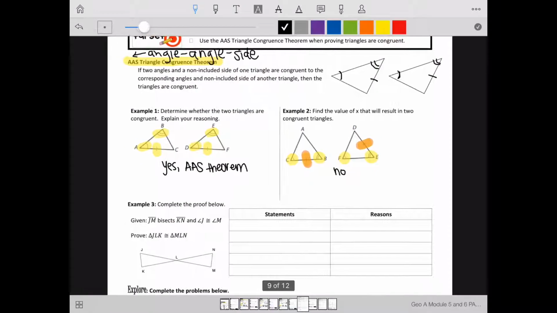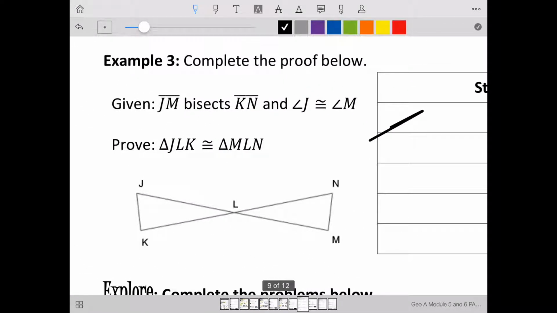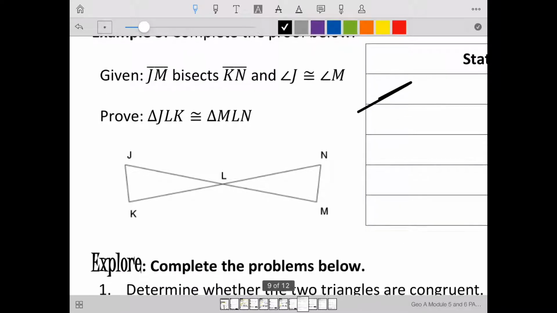Lastly, let's look at example number 3. Given that JM bisects KN and angle J is congruent to angle M, we want to prove that these two triangles are congruent. Before we begin, let's label some information on our picture using the information we are given.